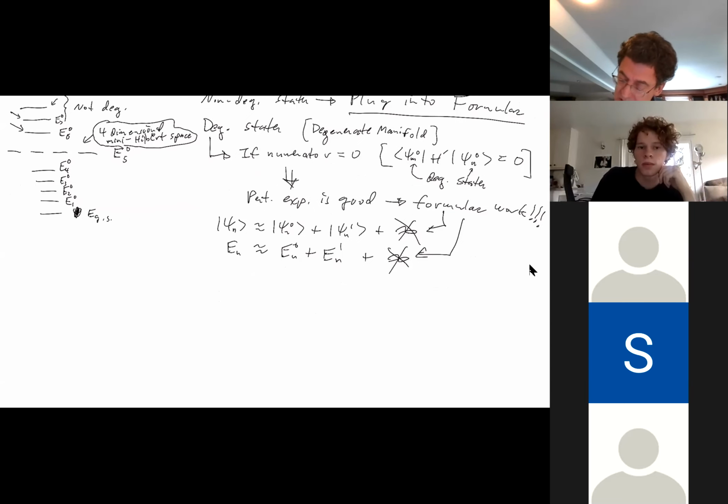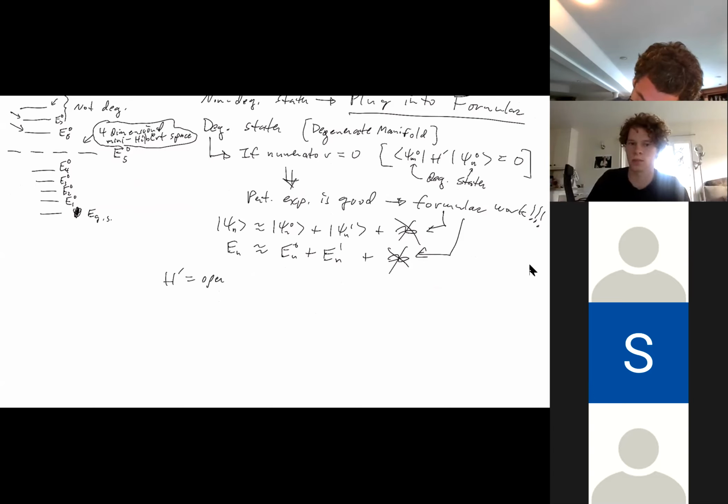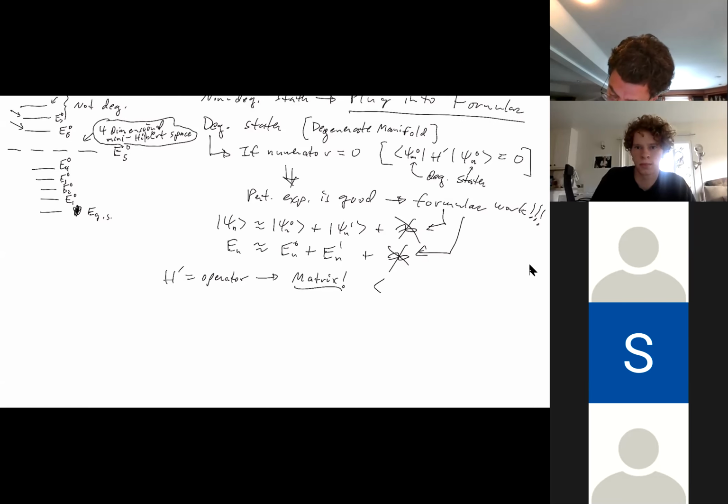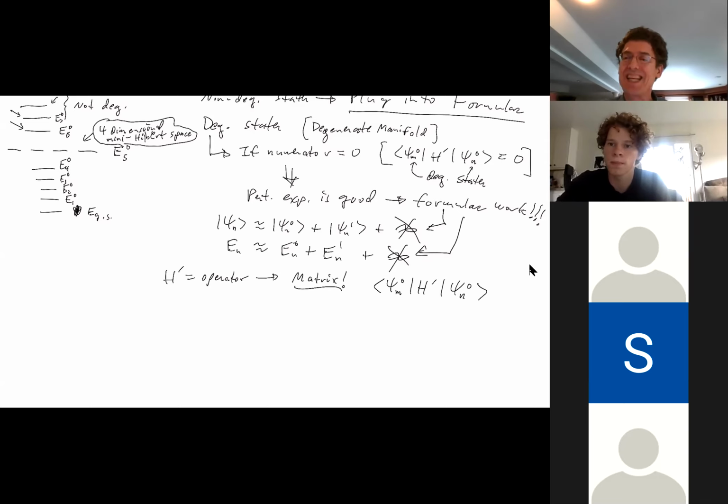Let's use a word, because remember, H prime is an operator, which means the perturbation is a matrix. So if I show you this thing, psi m naught H prime psi n naught, what is that thing?